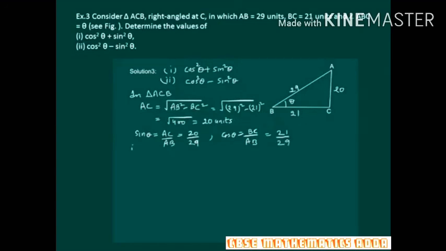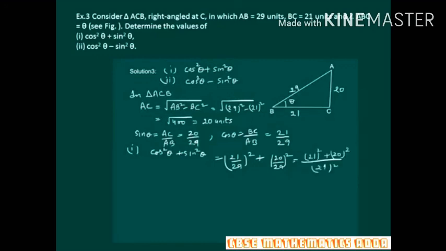We need to find out cos square theta plus sin square theta. So cos theta whole square plus sin theta whole square, this equal to 21 divided by 29 whole square plus 20 divided by 29 whole square.